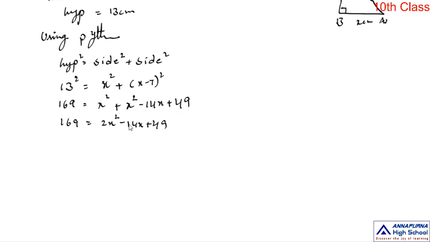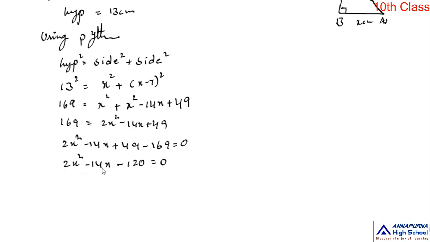Now transpose this 169 to the right side, then 2x square minus 14x plus 49 minus 169 is equal to 0. So 2x square minus 14x minus 120 is equal to 0.